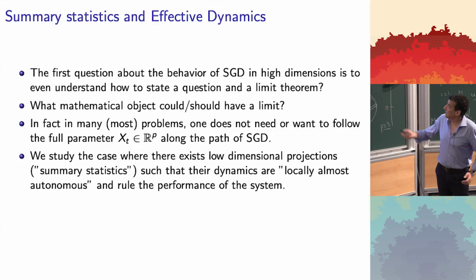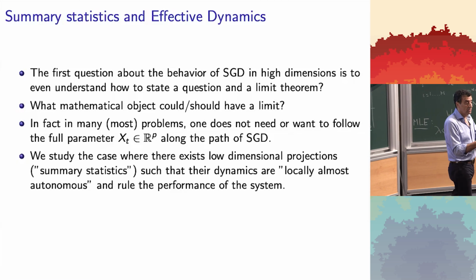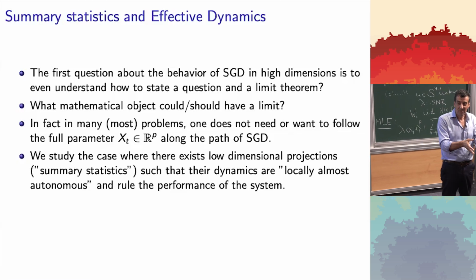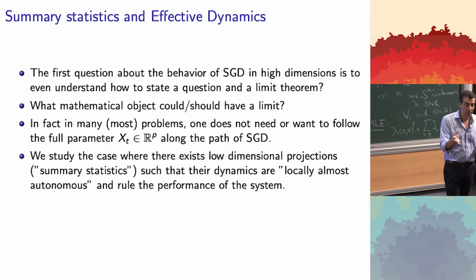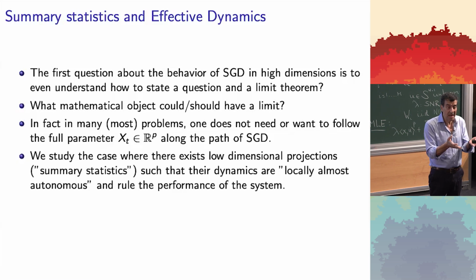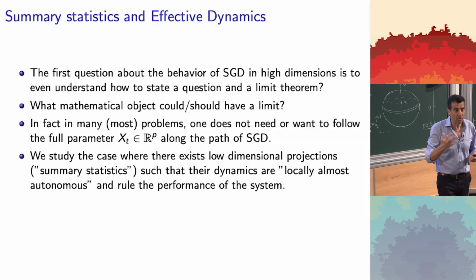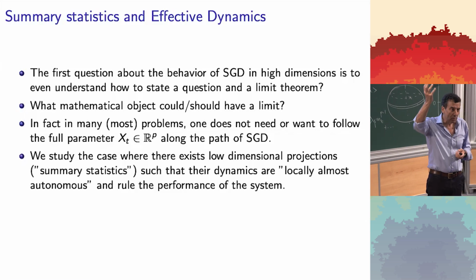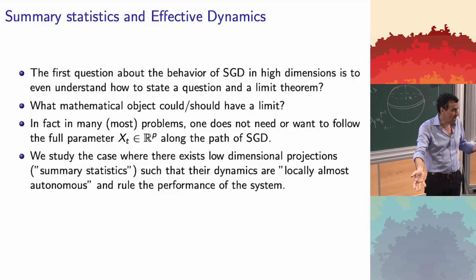This is what we'll call summary statistics. But if you take a projection, in my classical dimension 17, you think you have 17 things that you want to look at. There is no reason that this projection in dimension 17 has an autonomous dynamics. If you think of your SGD as something like the gradient flow of your population loss, and you take the gradient flow of something and project it in 17 dimensions, it's not an ODE.